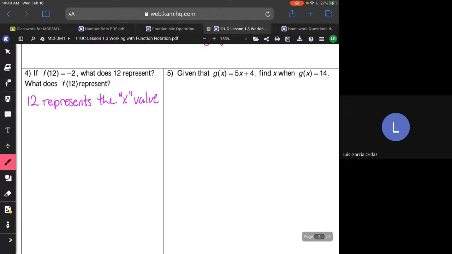Okay, and what does the f of 12 represent? Yep, it represents the y value when x is 12.